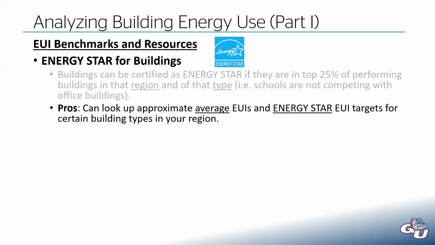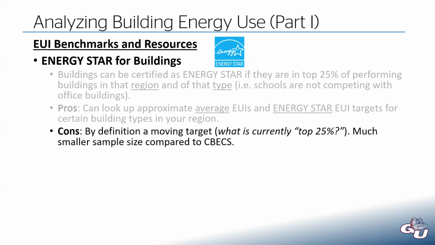I think you'll have to look up a school in the Pacific Northwest, and it will tell you this is where we think you need to be to get an Energy Star rating on your building. And it's really useful to have a target. So if I'm at 80 EUI today, but my target is 40, how can I get there?